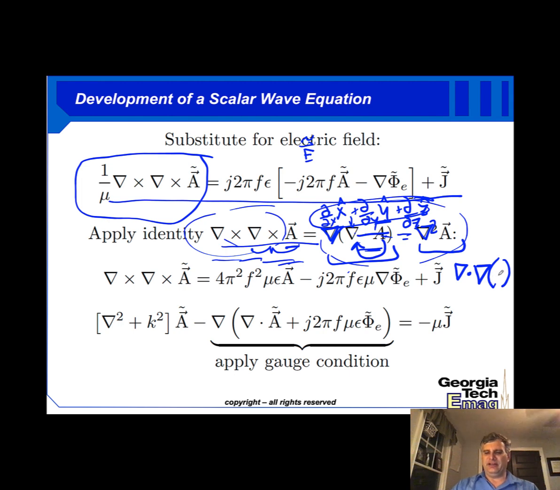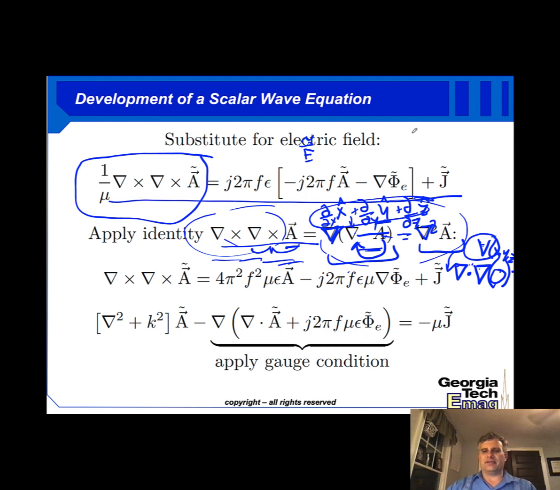Now normally in your undergraduate classes you would put a scalar function of three-dimensional space there, like voltage, for example. x, y, z. That's a function of three-dimensional space, but it is itself a scalar function. You would take the gradient, that would give you a vector. Then you take the divergence of that vector, that gives you back a scalar quantity.